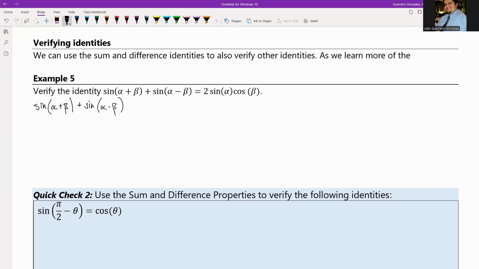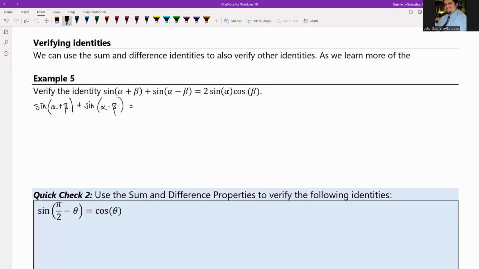Let me get my equations out again. I'm going to try to turn it into this. We know these equations already because they're from the worksheet up above.